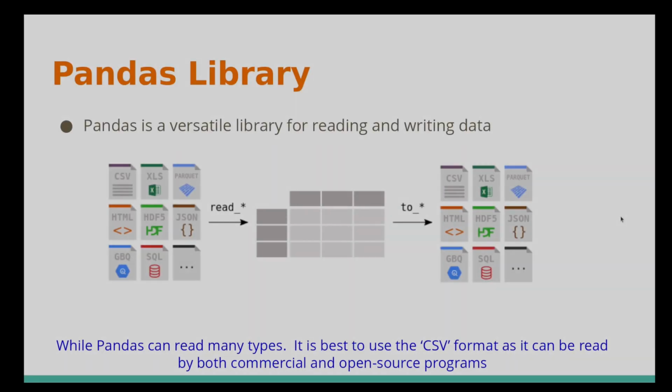If I have heterogeneous data, then I use the Pandas library to read that data. Pandas is a very versatile library and it can read data and write data to a variety of different formats. The generic statement is read underscore star. That star can be csv if you're using CSV data, xls if you're using data that's in Excel format, html, json.